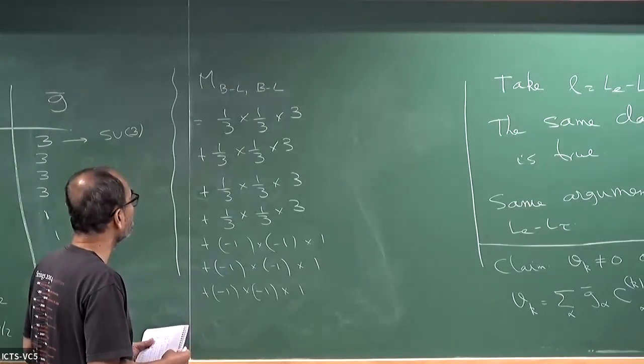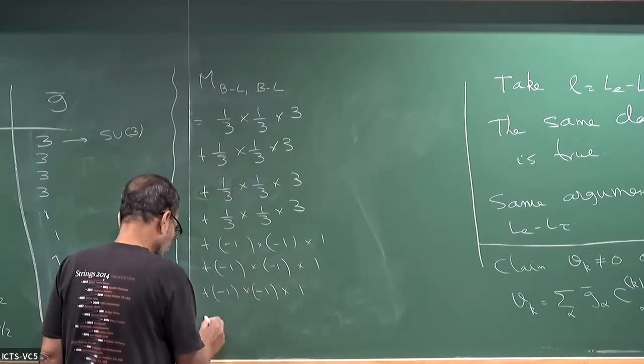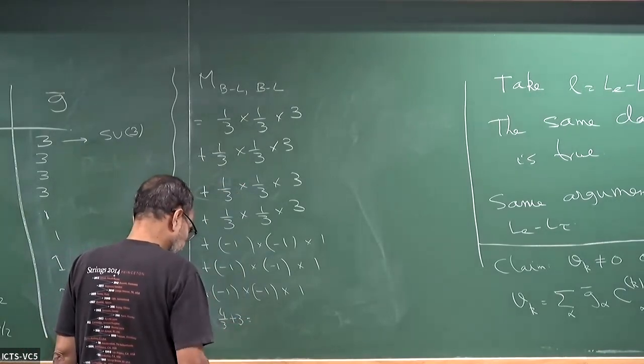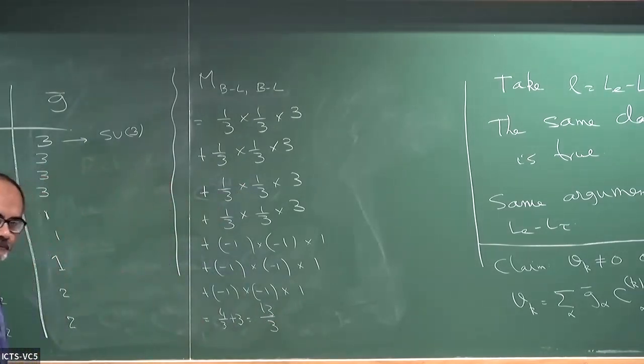They are 1/3 each, so 4/3 plus 3, that is 13/3. This is for one generation.